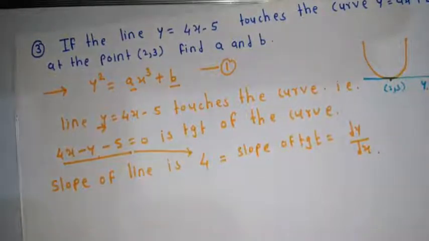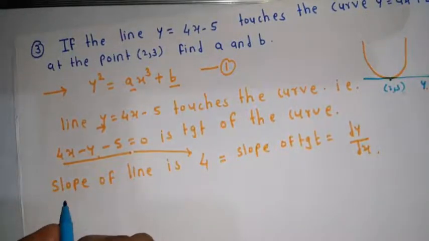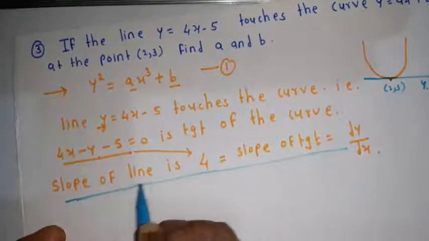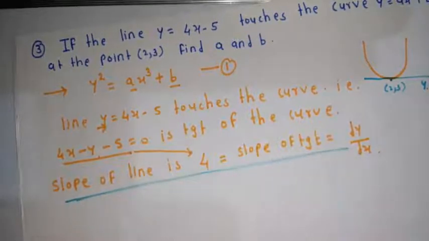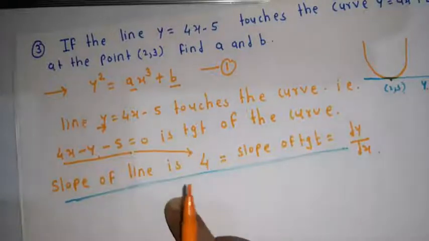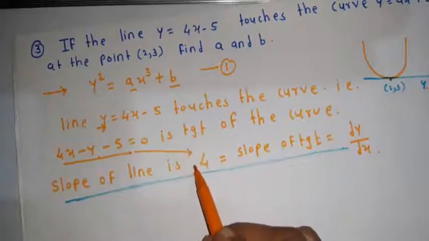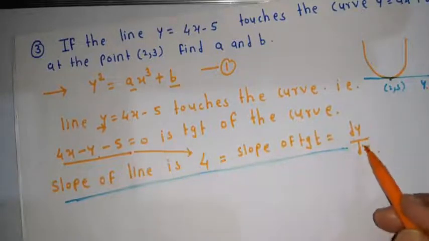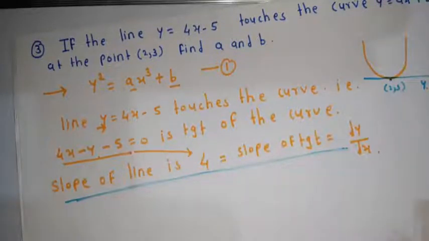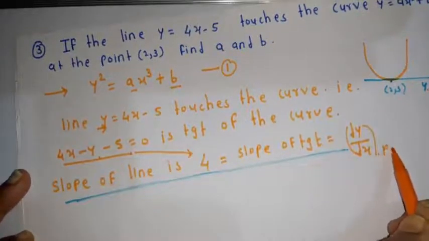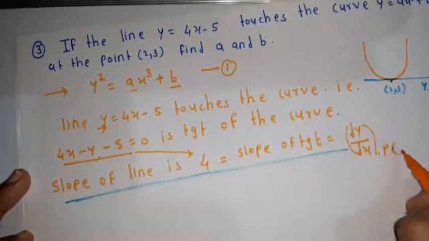Students, please note these things. By understanding this only you can solve the problem. Slope of tangent equal to slope of line, and that is nothing but dy by dx, because slope of tangent is dy by dx at the point P, and the point P is (2, 3).